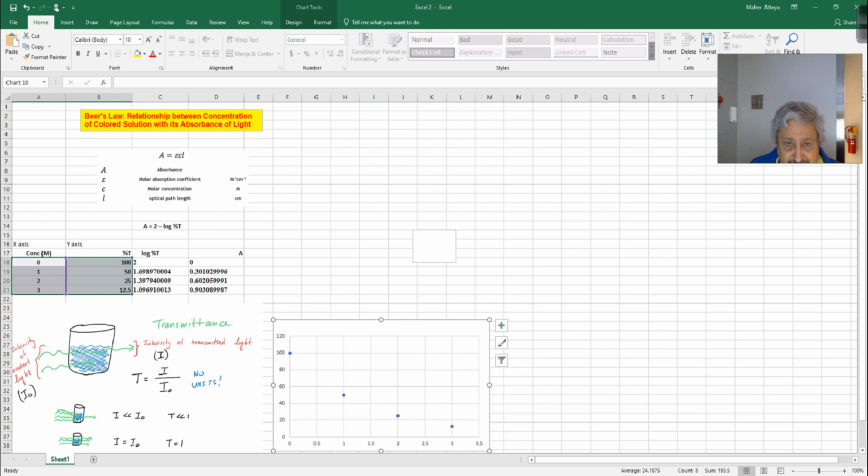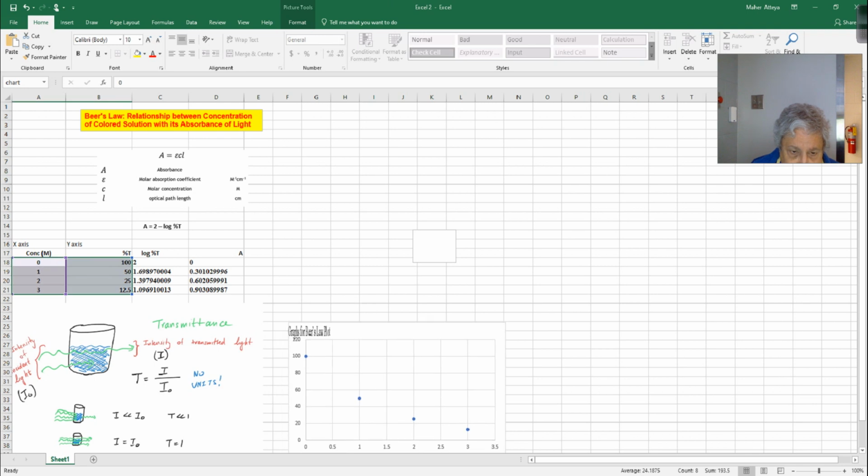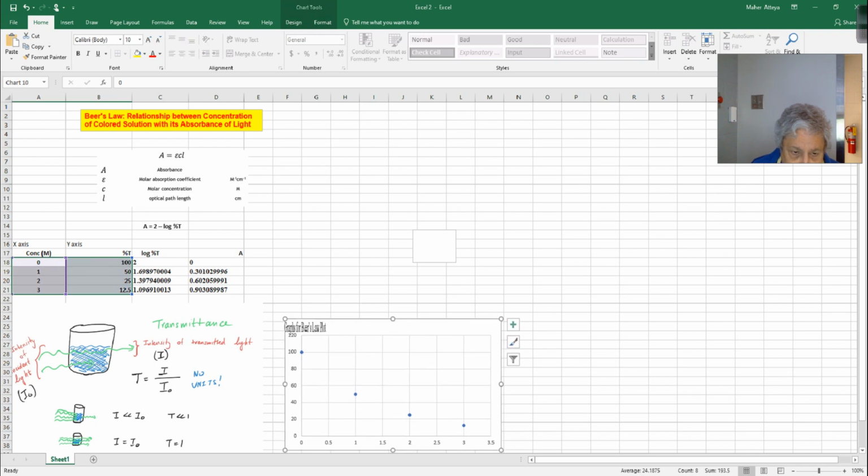Paste it. Okay, trying to get this one straightened out, but be patient with me.